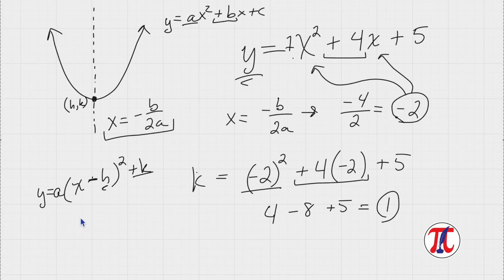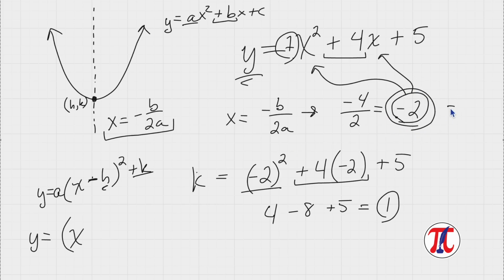I can just substitute it in for the letters in my vertex form. a is the same as the a for my standard form, so I don't have to write it because it's just 1. So I'm going to have y equals x minus h. Well, h is my x value of my vertex.